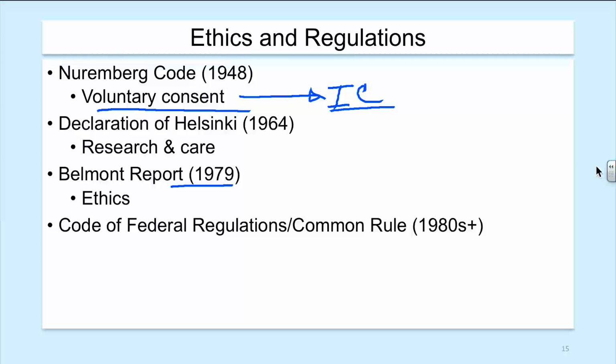The Code of Federal Regulations and the Common Rule are other legal requirements for conducting clinical research that outline the responsibilities of investigators, sponsors, and the informed consent process, making sure that research subjects are protected all along the way.